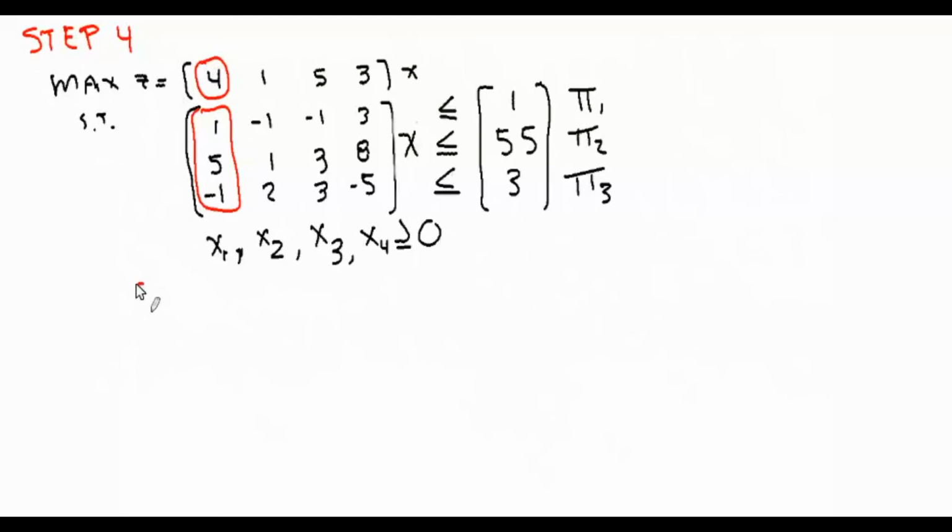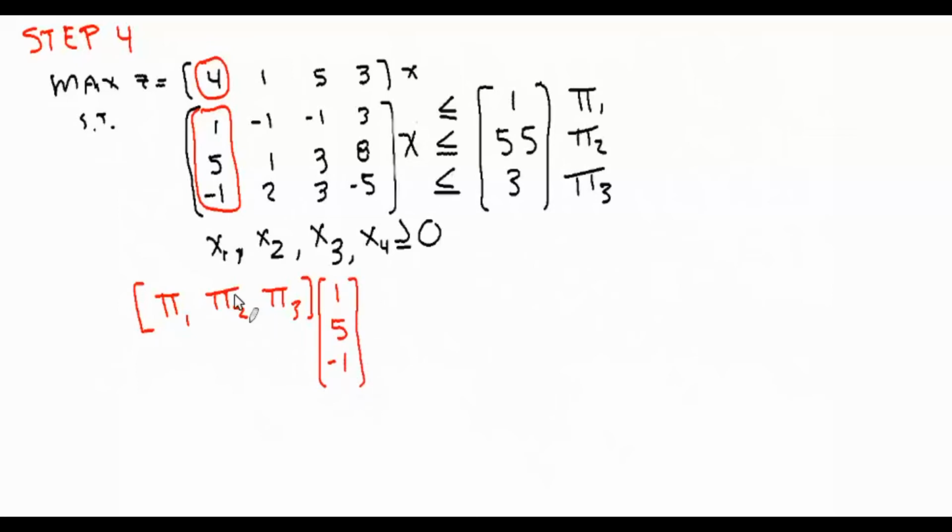What we will do is write down a row vector of dual variables, pi sub 1, pi sub 2, pi sub 3, and then multiplied here the first column of the constraint matrix, which would be 1, 5, negative 1.